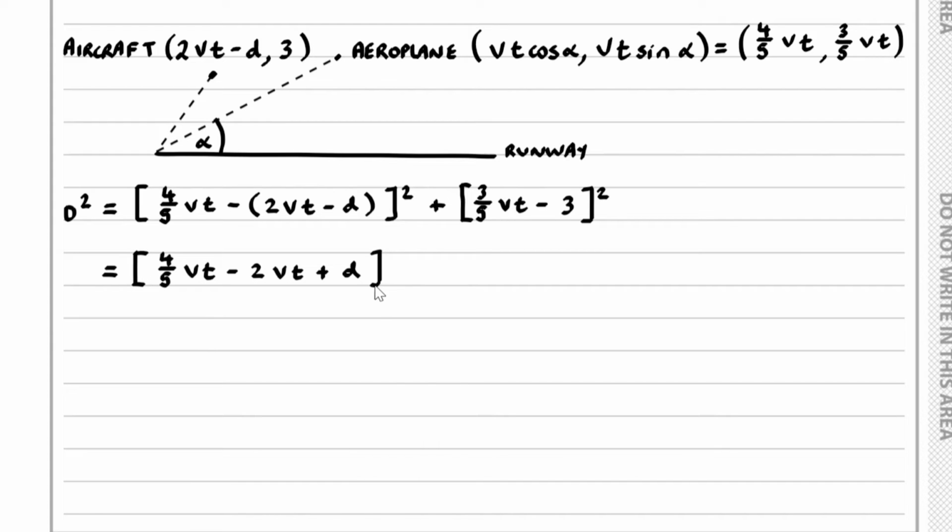Then this is squared, and then here we have 3/5 vt subtract 3 squared, and therefore simplifying this even further, we've got 4/5 vt minus 2vt.